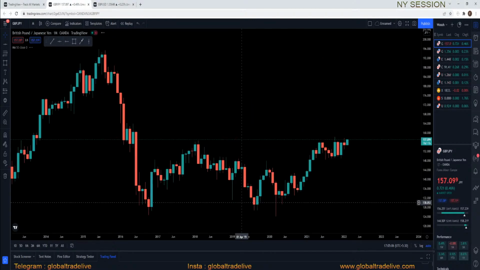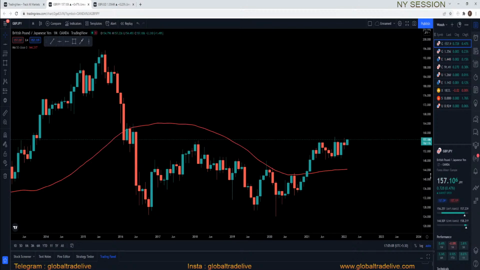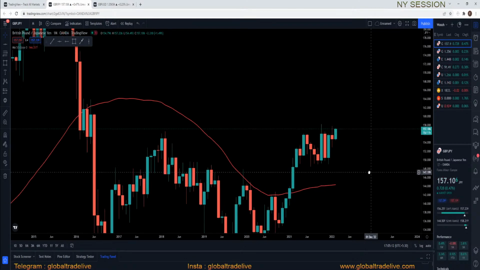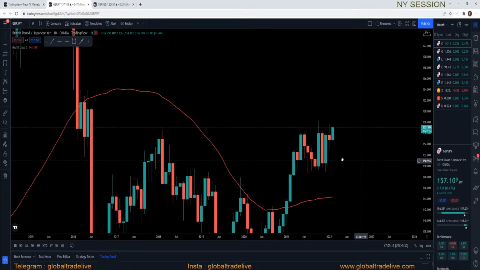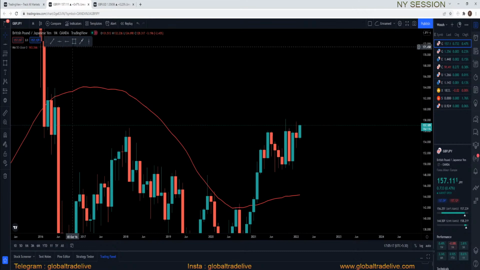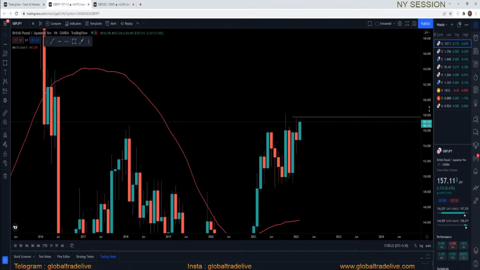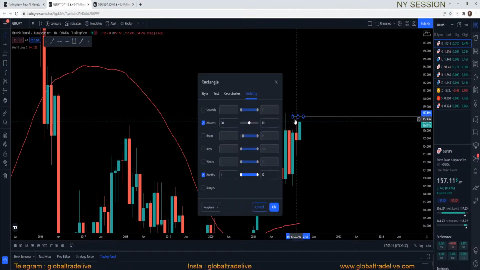So let's go to the monthly and have a look at what the monthly time frame is doing. We are following the market since day one this week. The monthly time frame is now heading towards the upside and it's about to tap this area in the monthly, right?